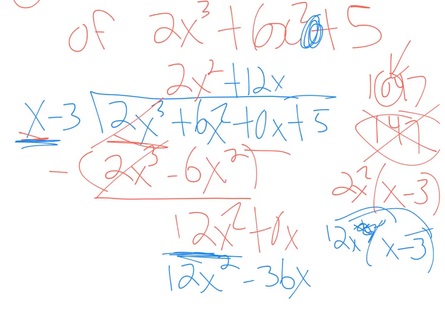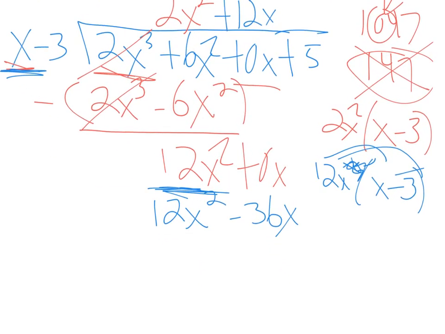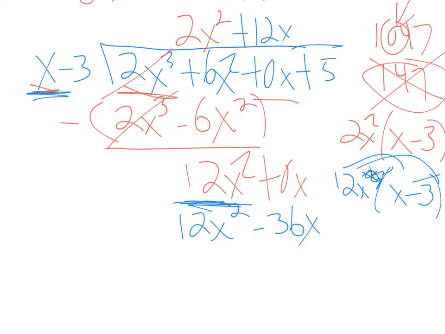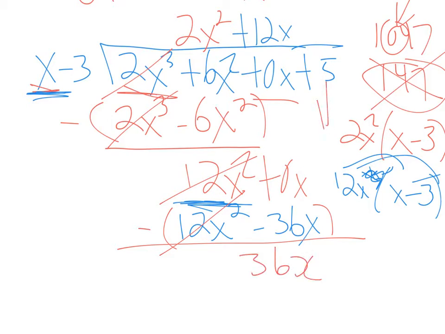Okay, so let's see then. What I do is I'm going to move this up, and I'm going to, of course, subtract like I always do. So I subtract that and cross those out because that subtracts to 0, and now I've got 0 minus negative 36x. Well, that's going to give me 36x, and I bring down the plus 5.